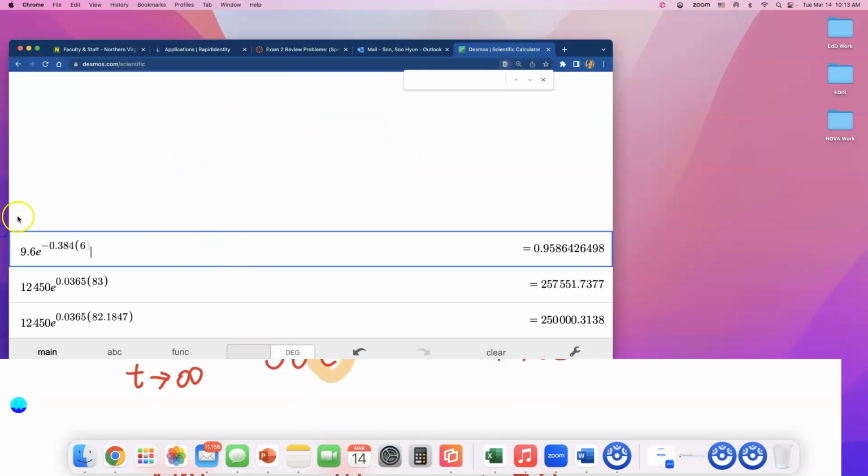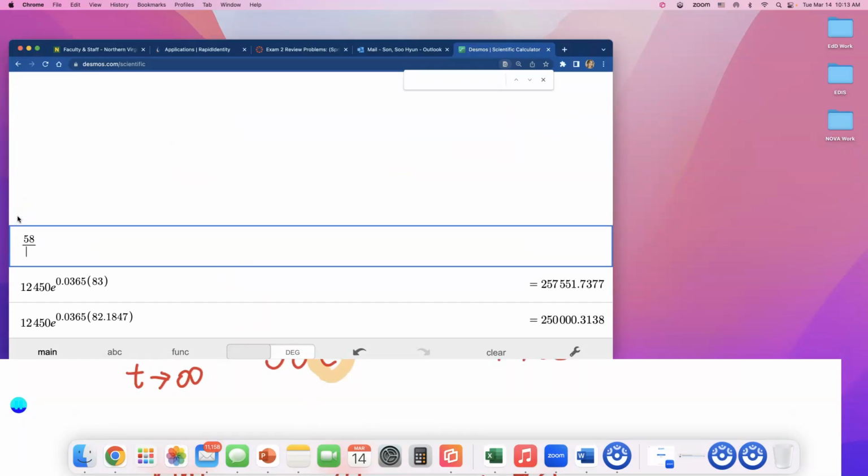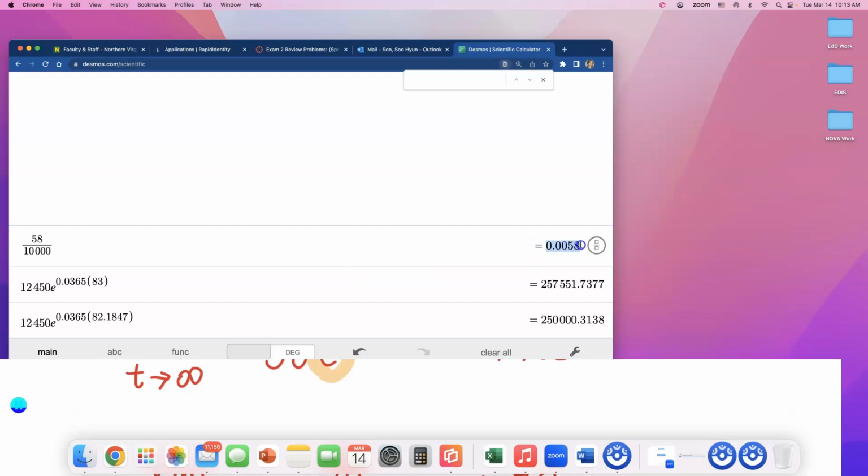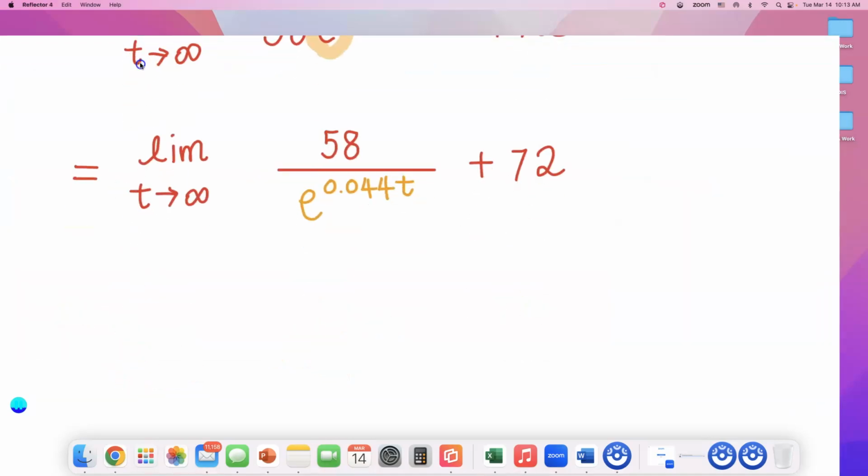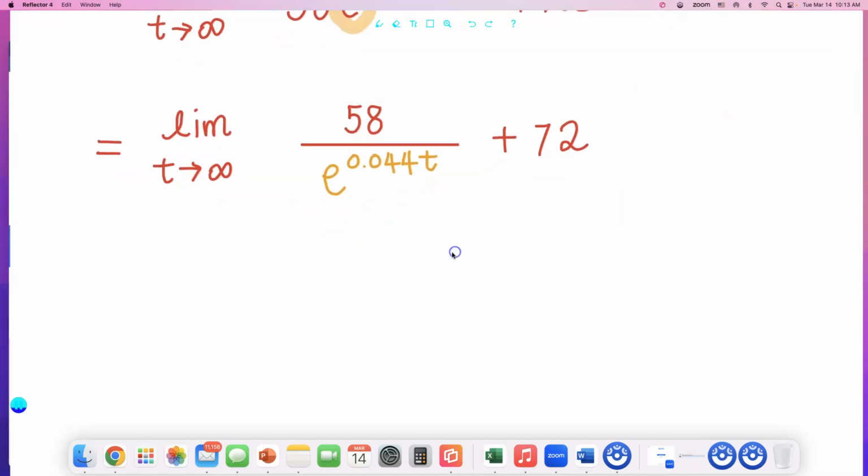So imagine if I divide 58 by even 10,000, you see it's getting really close to zero, right? And if I type in 100,000, this is so small they start using scientific notation, right? So I just wanted to show you that as the denominator, this orange part, gets super big, the whole fraction is approaching zero, okay?